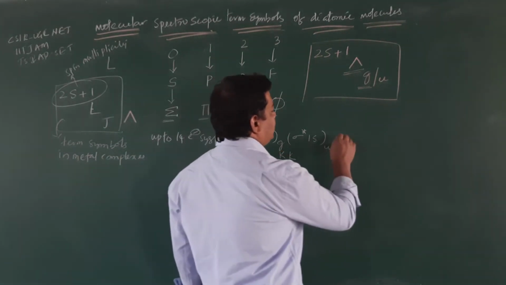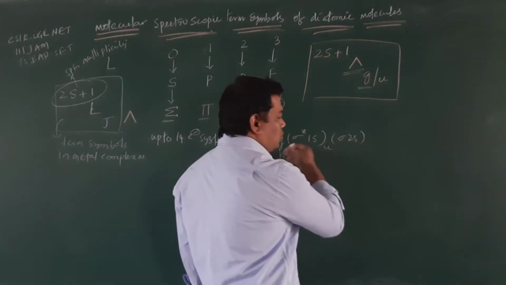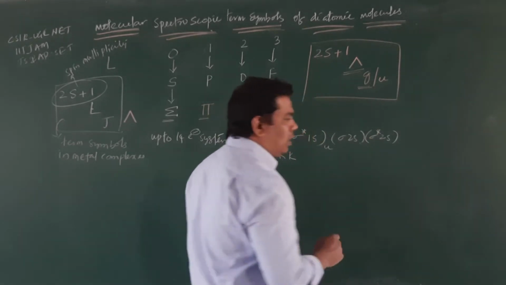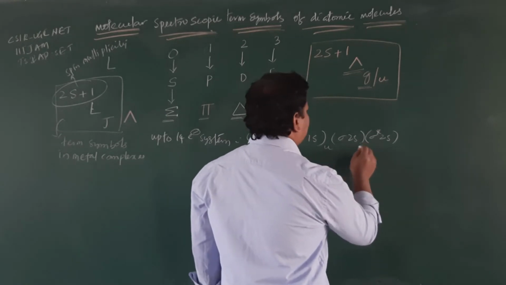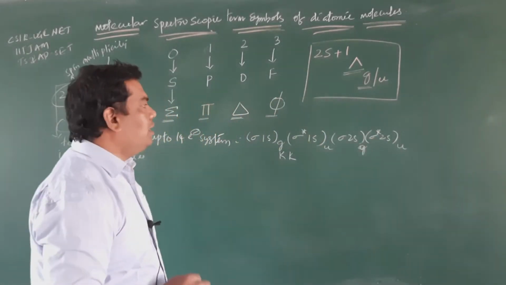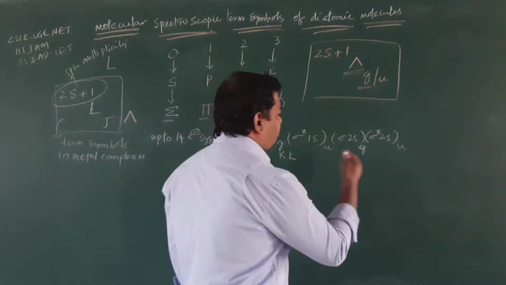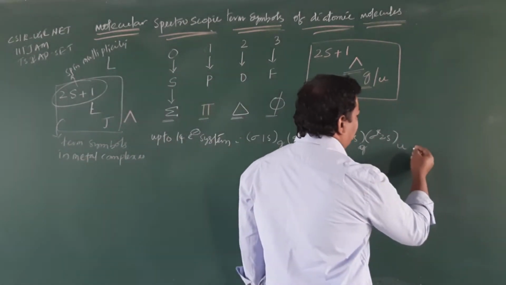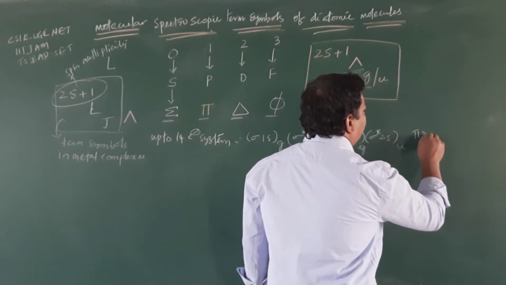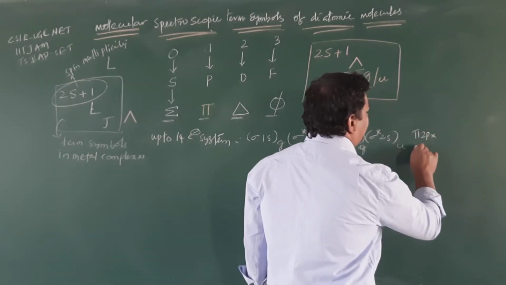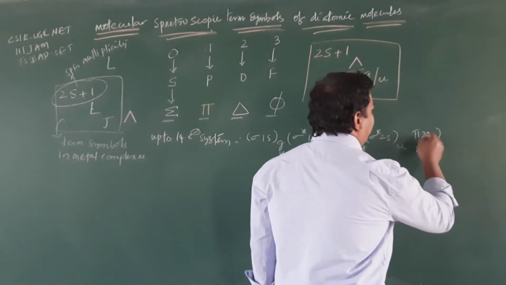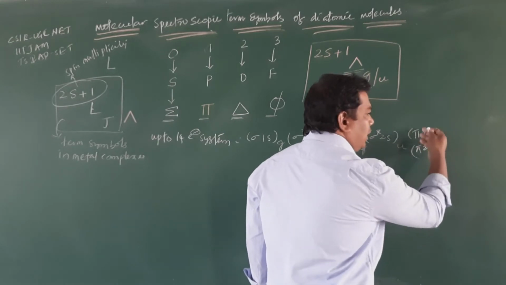Right, next sigma 2s ground state energy level, then sigma star 2s. This is gerade and this is ungerade. Okay, right. The next level is pi 2px and pi 2py.